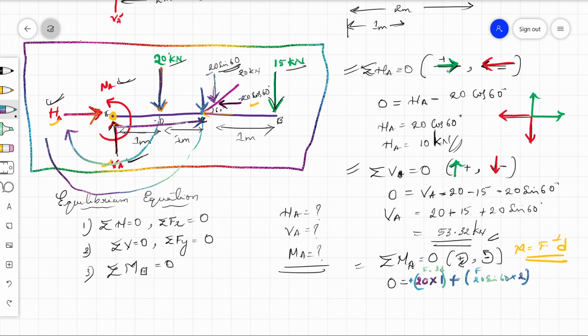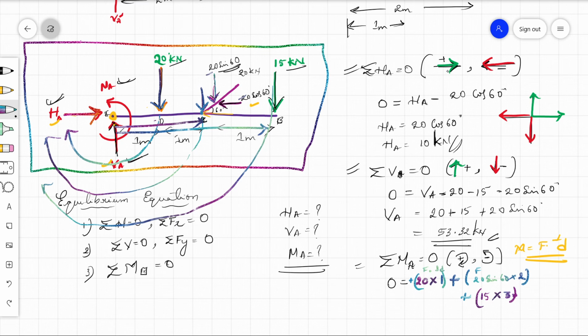And what is the last force? That is 15 kilonewton. Again for the 15 kilonewton, the rotation is clockwise itself, so that is plus. 15 into, what is the distance now? The total distance is 3 meter. And it doesn't end over here.